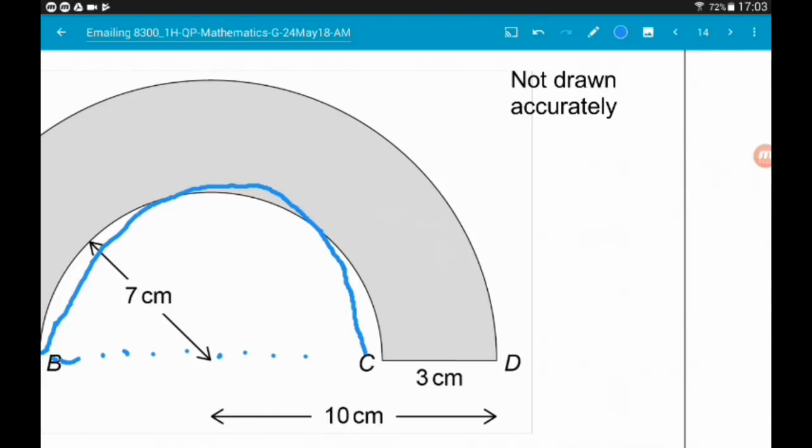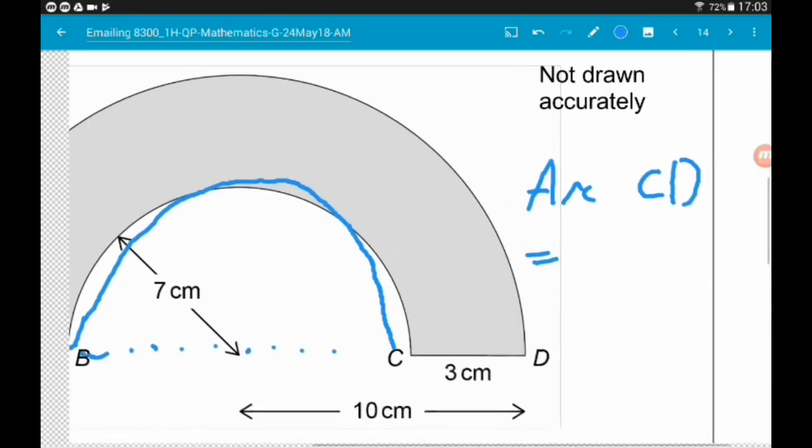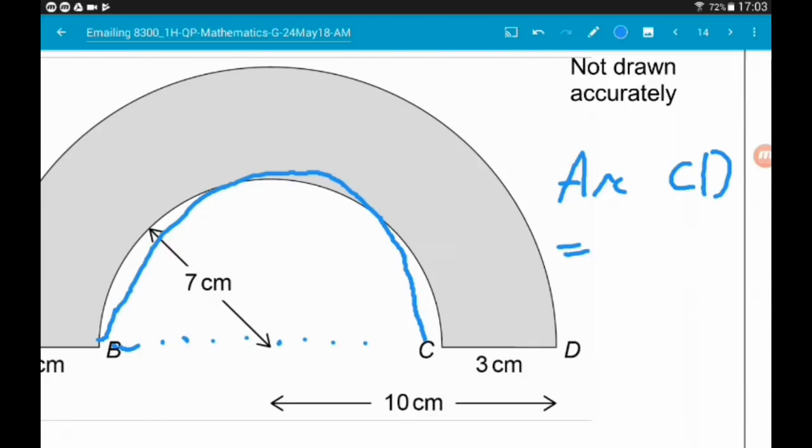So arc CD is going to be 1/2 of 14 pi. The diameter would be 14, so that's going to give us 7 pi.